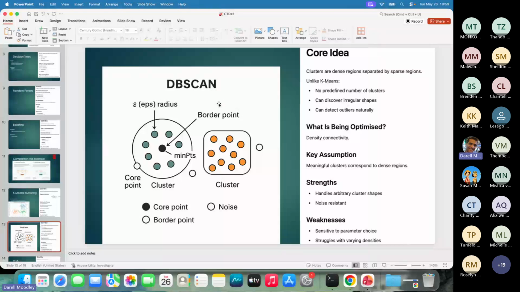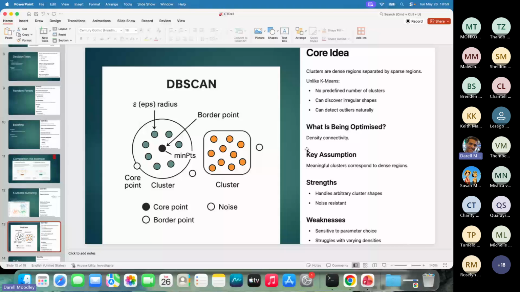You also don't have to define the number of clusters beforehand. Like I said, with K-means, you have to specify the number of clusters. You don't generally know what that number is beforehand. With DBSCAN, you don't have to do that, right? It discovers it on its own. So yeah, those points that I mentioned earlier, they don't have to be spherical, they can be irregularly shaped, and it isolates outliers.